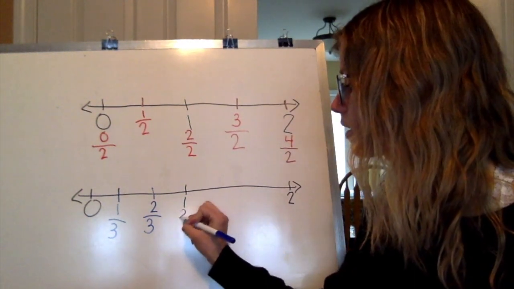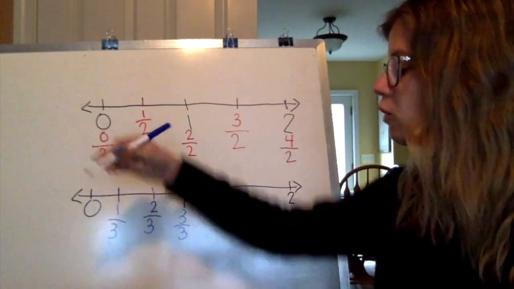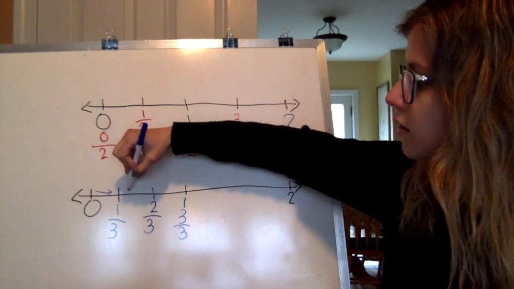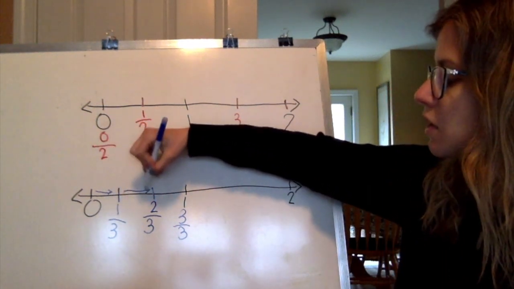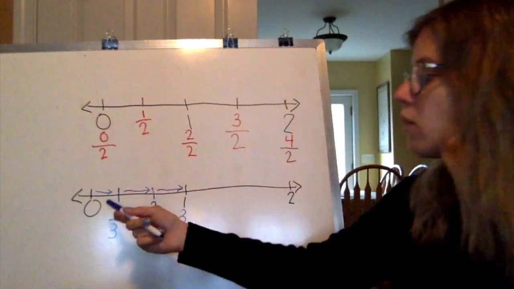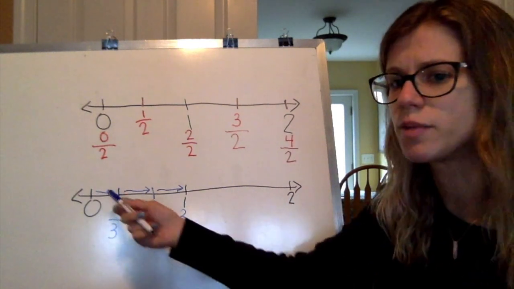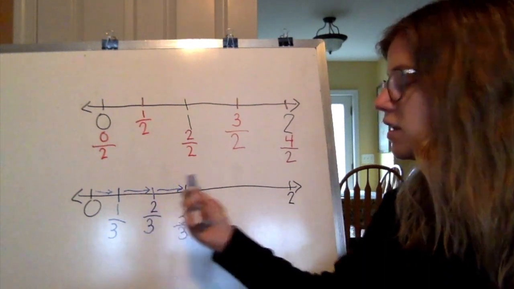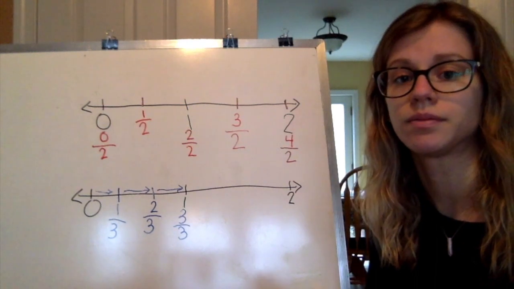It would be 3/3. He's now gone 1 block, going 1/3 at a time and stopping. He stopped at 2/3, and now he stopped at 3/3. And what I want us to make sure that we notice is that I don't have 3 lines, but I have 3 parts here. So now we finish up with 1 block.